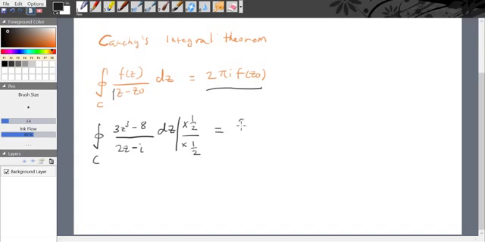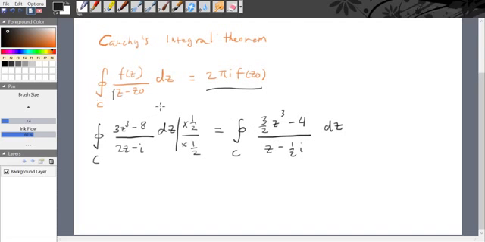Rewriting things, we have 3 over 2 of z to the power of 3 minus 4, divided by z minus a half i, with respect to z. As you see, we already have the first form.